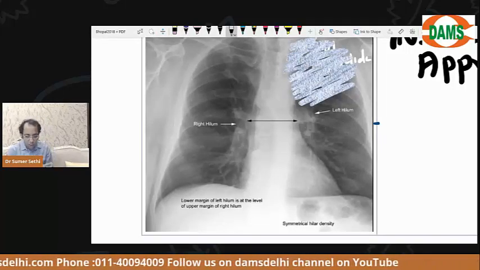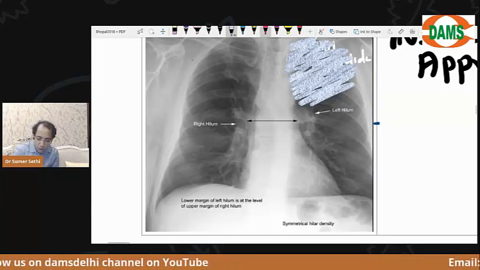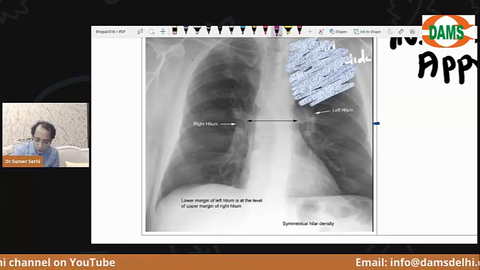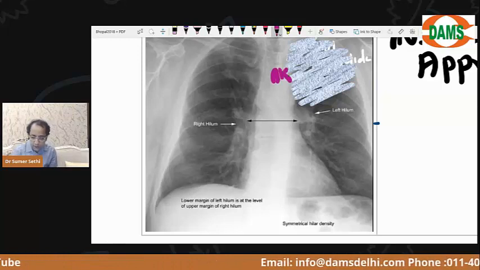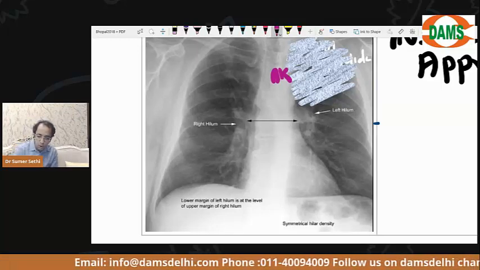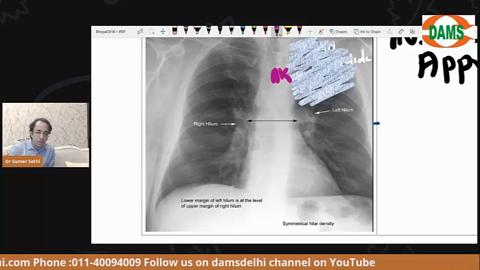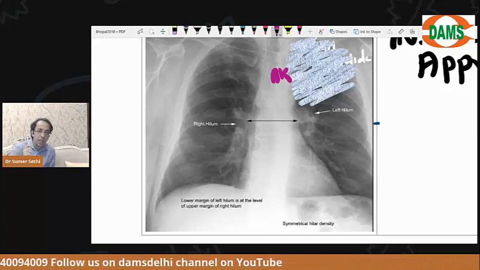So if you have left upper lobe consolidation, will you see the aortic knuckle? No. Aortic knuckle will be obscured. On X-ray, to see a mediastinal structure, it should be outlined by air.